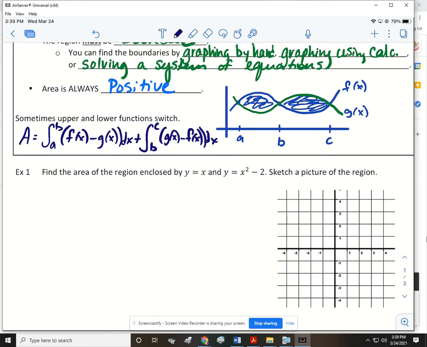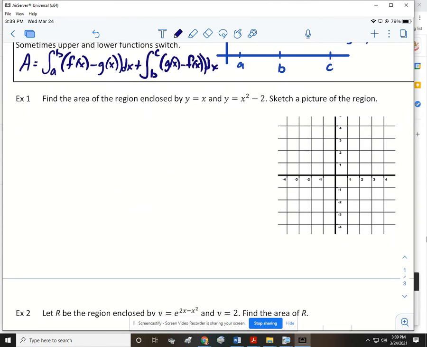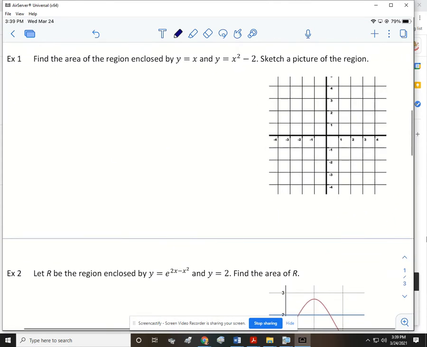All right, so on example 1, we're going to find the area of the region enclosed by y equals x and y equals x squared minus 2. We're going to do this by sketching a picture. So let's just start off with y equals x. And then y equals x squared minus 2 is a parabola that's been shifted down 2.